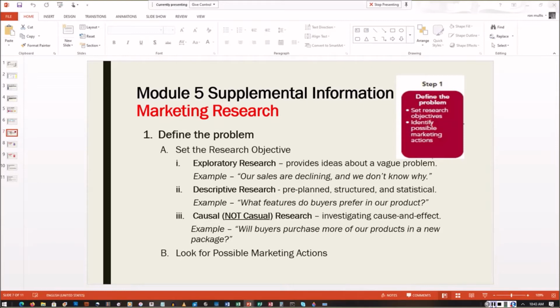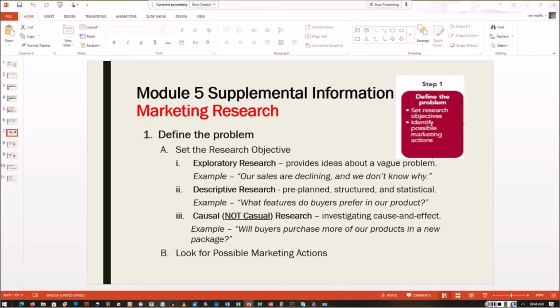Objectives can assist in narrowing down and defining the scope of the research. Marketers want to ensure that their objective is not too broad, as too much information collected might not be useful. On the other hand, an objective can't be too narrow, because then you don't have enough applicable information collected. That makes it more difficult to define a problem, or to see what type of opportunities are available.